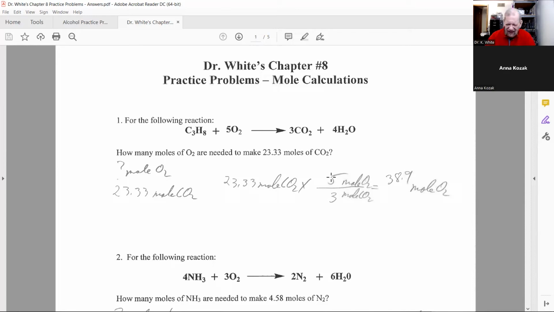These are exact numbers. Therefore, since this number is 4 significant figures, I made a mistake. This should be 4 significant. Don't look, don't look. Dr. White lost his perfect score.